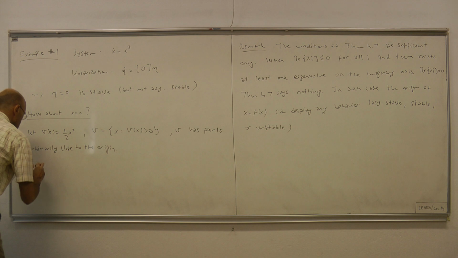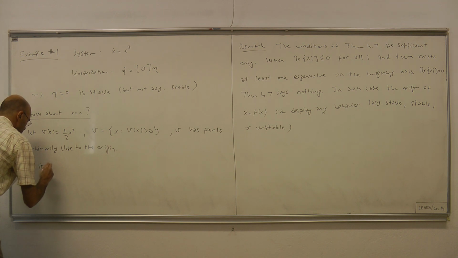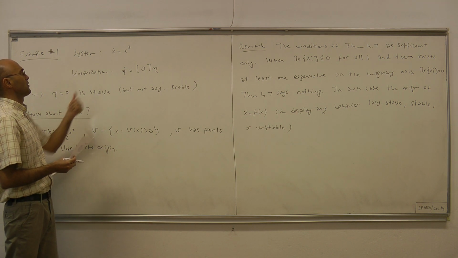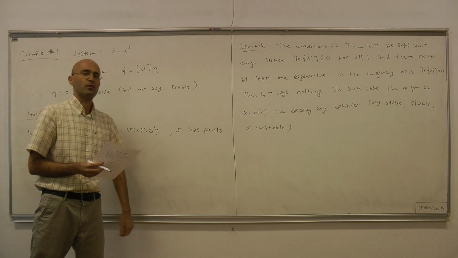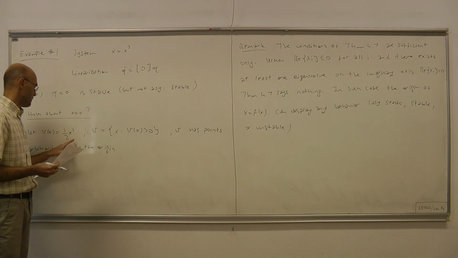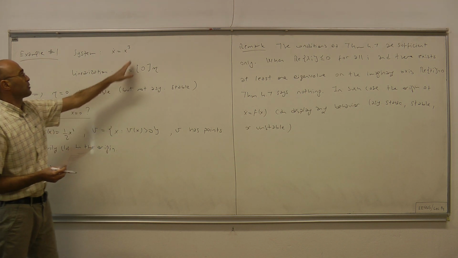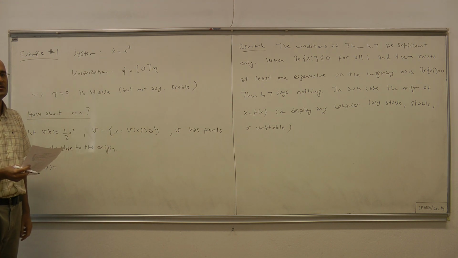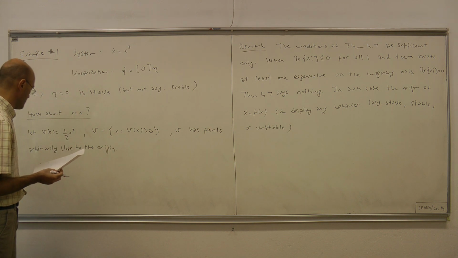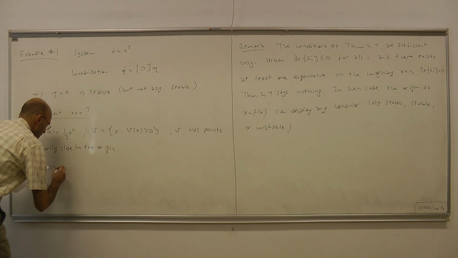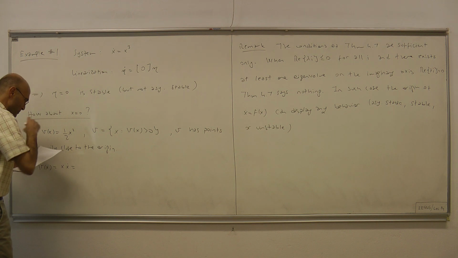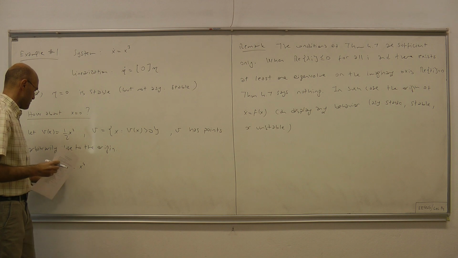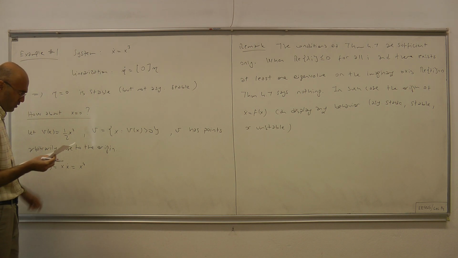So for that, let's compute v dot, which is the gradient of v times the right-hand side of the system, or the inner product with the right-hand side of the system. The gradient is x, and multiplying that by the right-hand side, x cubed, you obtain x to the 4.